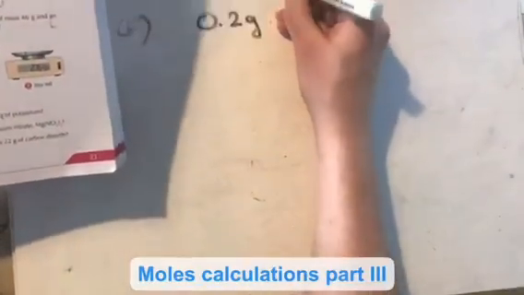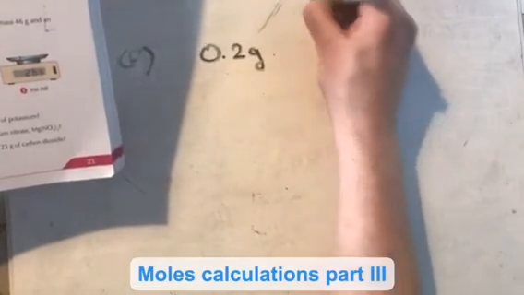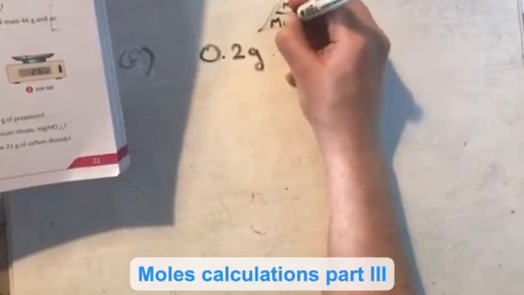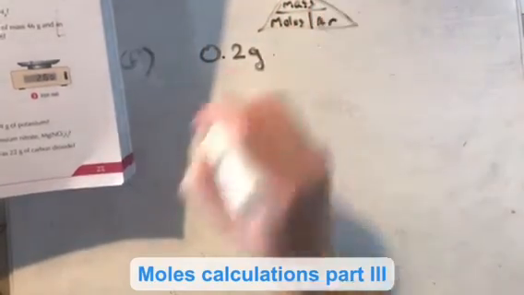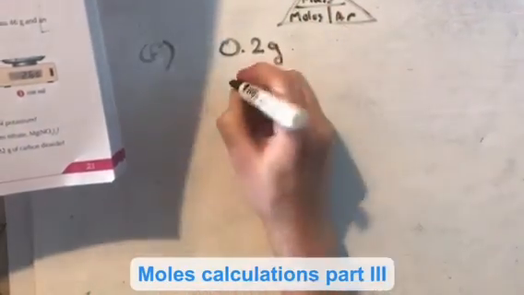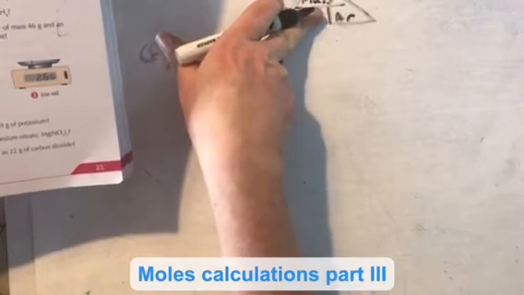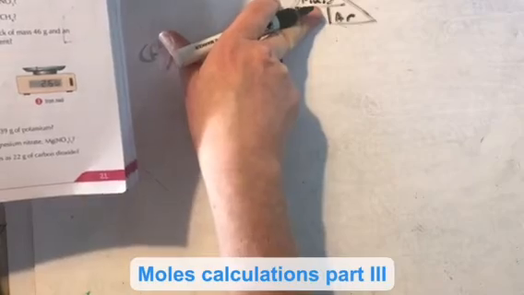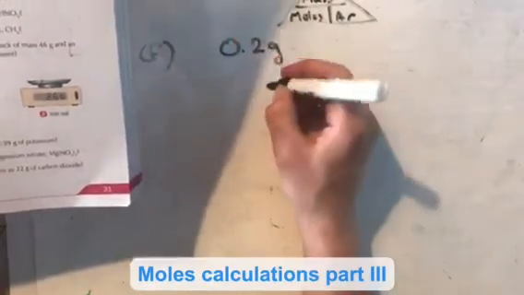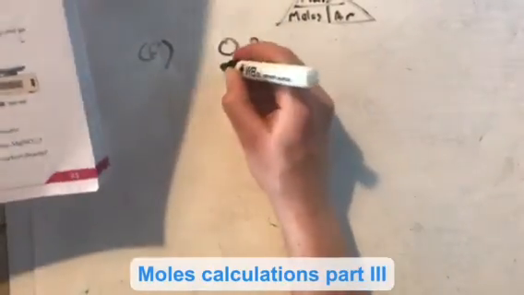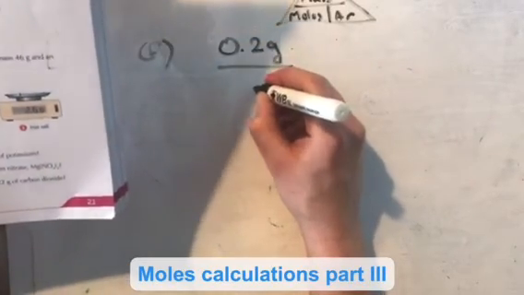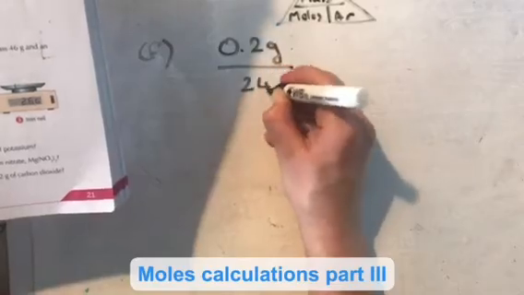So again, we have to refer back to our mass, moles, Ar triangle. So if we're looking for a number of moles, it's going to be our mass divided by our relative atomic mass of our magnesium. Okay, so it's going to be 0.2 divided by our mass of magnesium, which is 24.